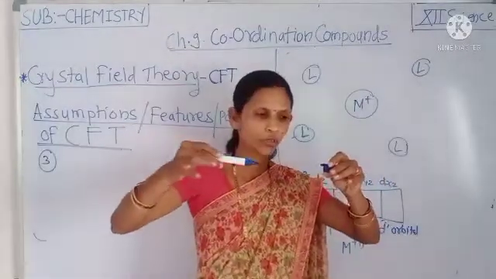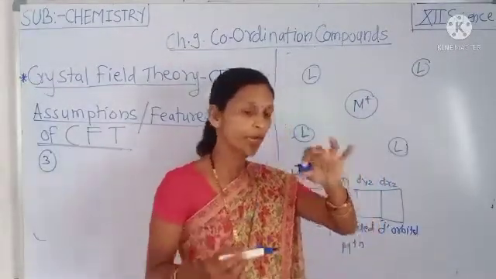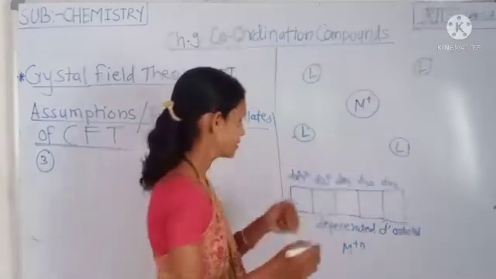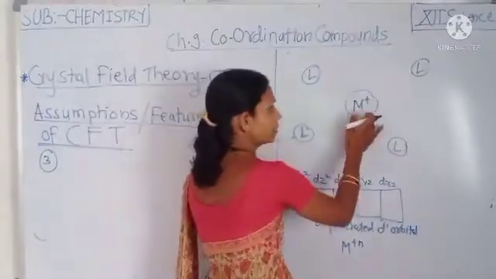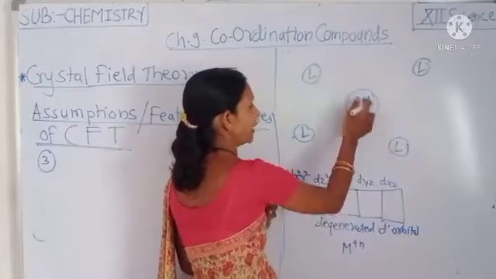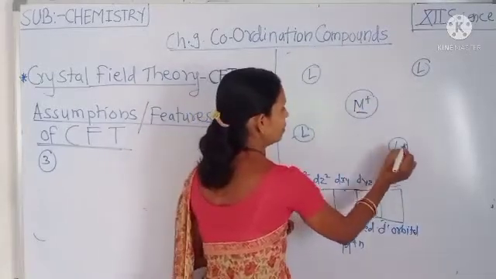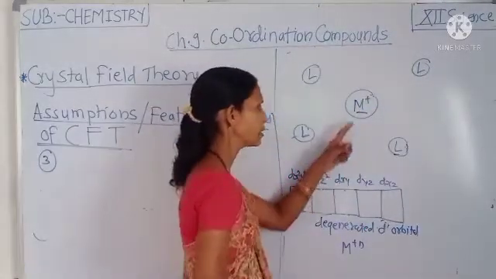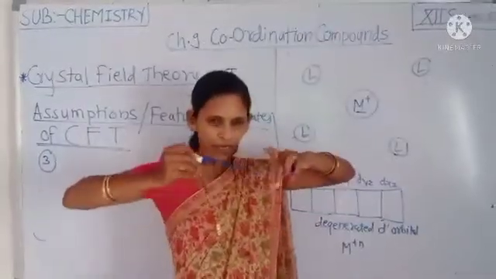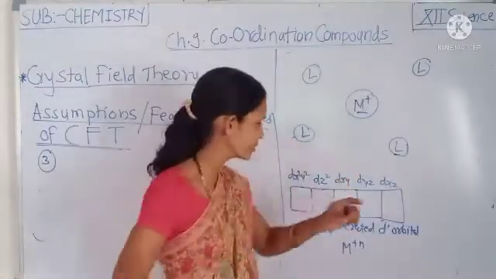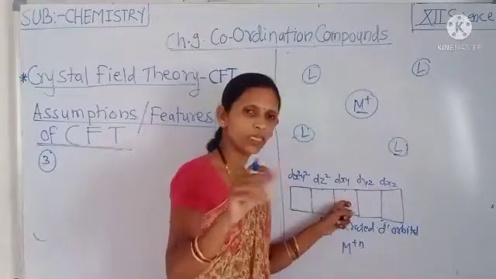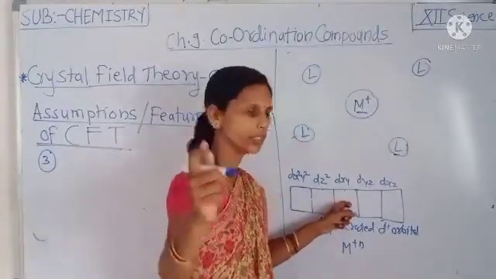That repulsion between metal ion and ligands causes the splitting of the d orbitals into two sets.